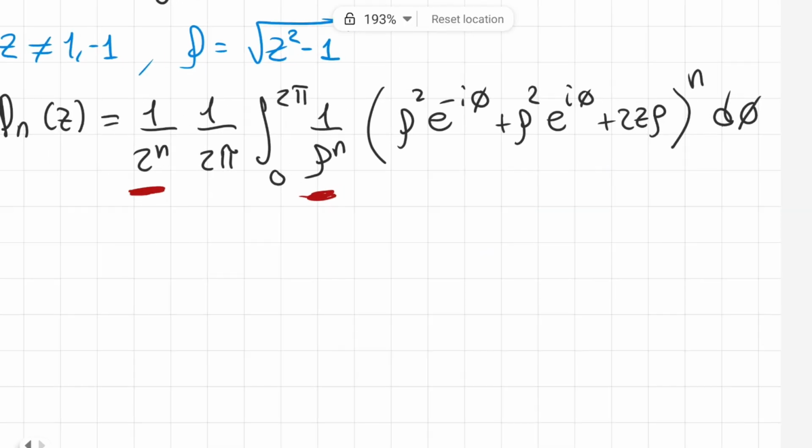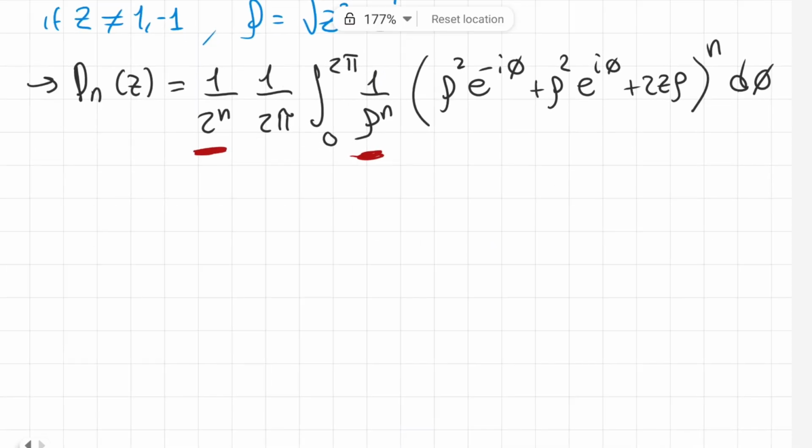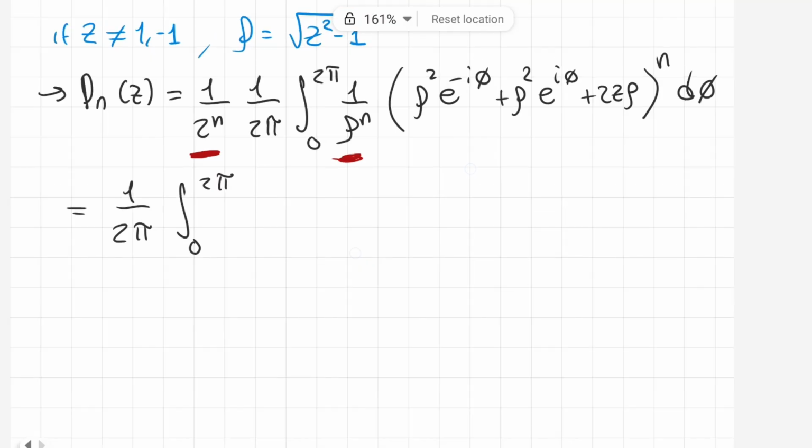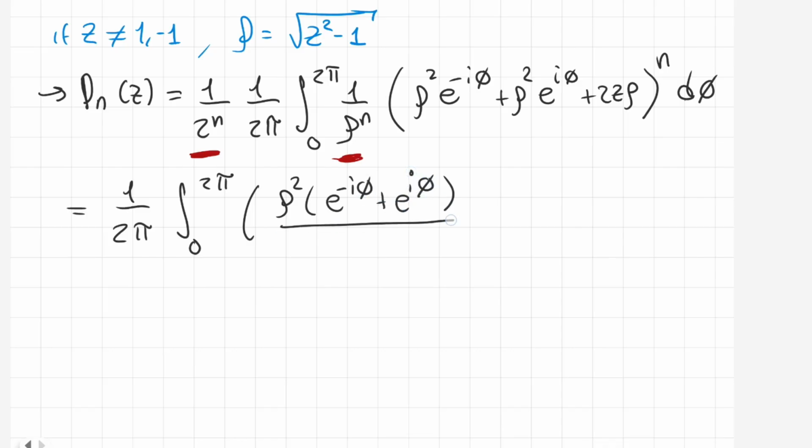And then, well, this is going to become the next: 1 divided by 2 pi, the integral from 0 to 2 pi, and we're going to factor this rho squared. It will be rho squared e to the minus i phi plus e to the i phi divided by 2 rho, and then plus z, all raised to the n power, and then d phi.